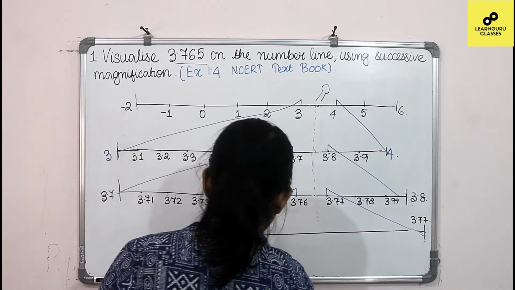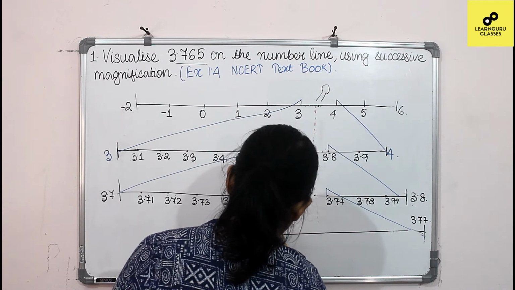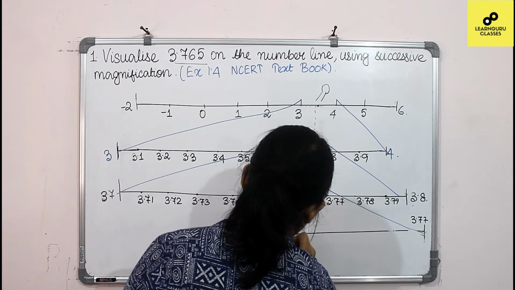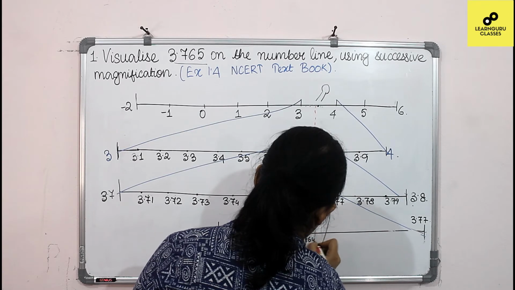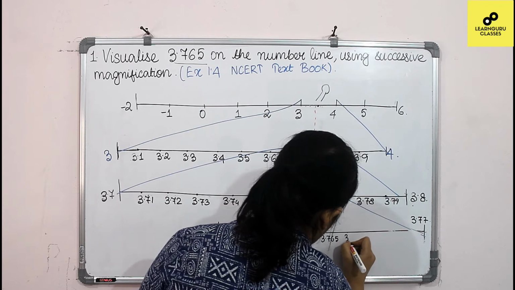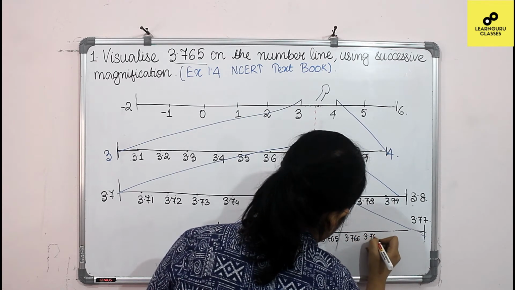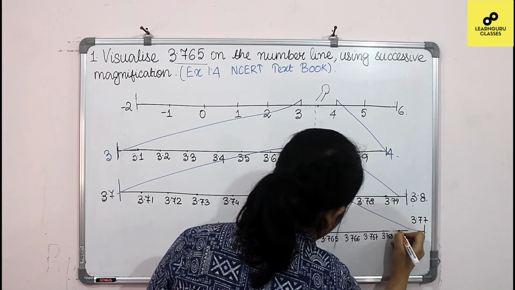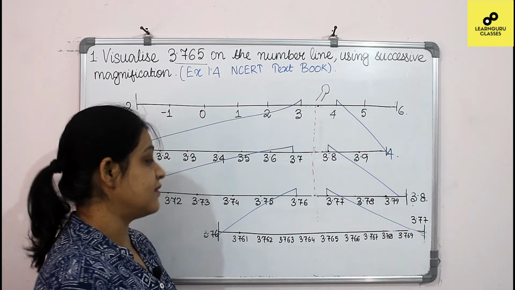So let us divide it into 3.761, 3.762, 3.763, 3.764, 3.765, 3.766, 3.767, 3.768, 3.769 and ultimately 3.77.